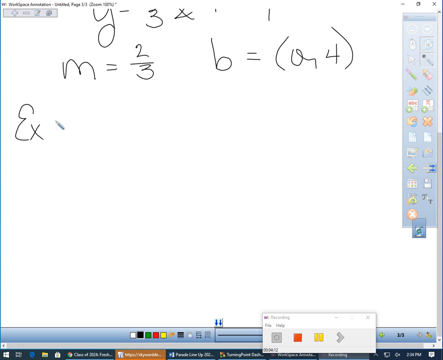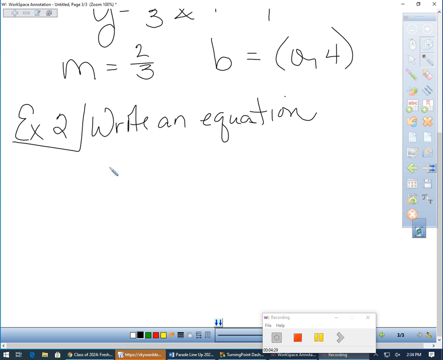Alright? So, here's example number 2. Let's write an equation. Write an equation if your m is 1/3 and your b is the point (0, -7).